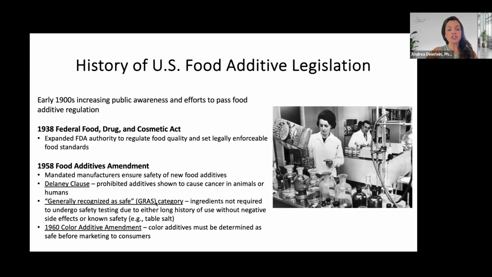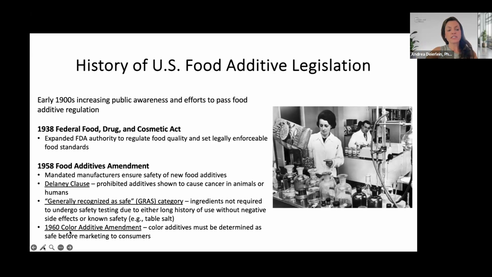This category was originally used to allow foods we already considered safe to not undergo further safety testing, so that some of the FDA's resources could be put towards ensuring that any new food additives were undergoing rigorous testing.